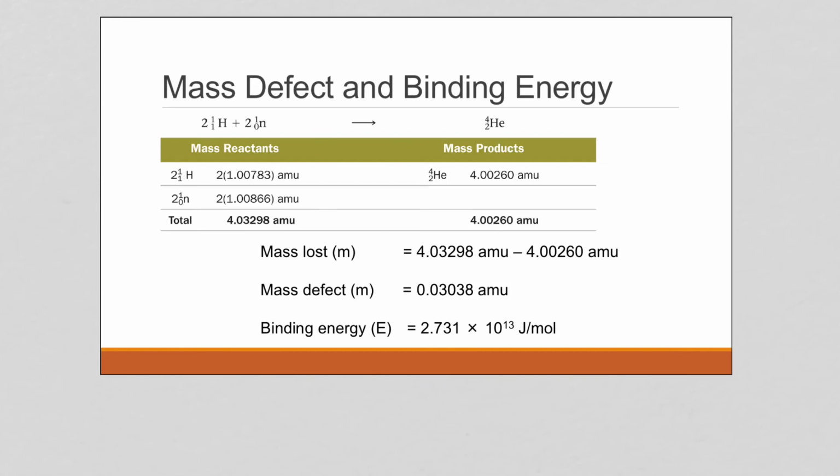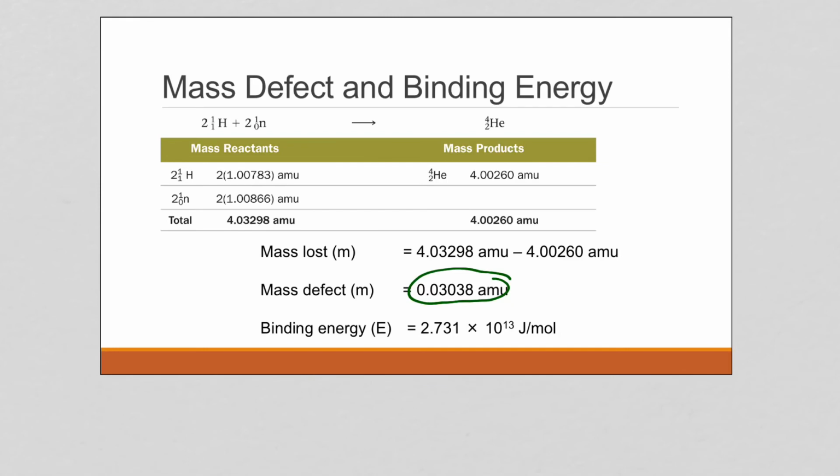If I look at the mass of the reactants, the two neutrons and the two hydrogen atoms, and I look at the mass of a helium, 4.00260 AMU, the mass defect here is 0.03038 AMU.